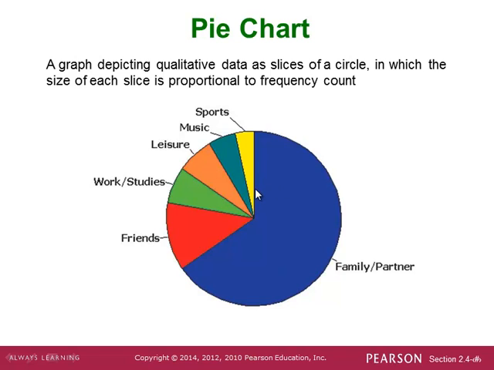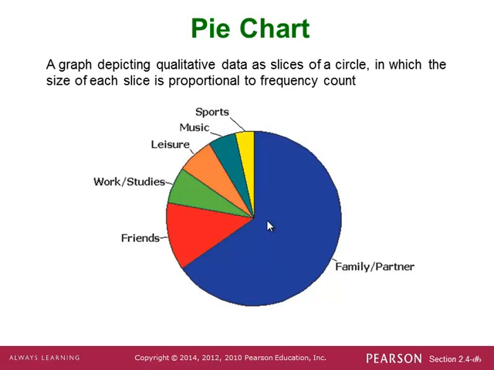So if you were to take 65% of 360 degrees, and I'm going to pull out my handy calculator and take 0.65 times 360, that's about 234 degrees.